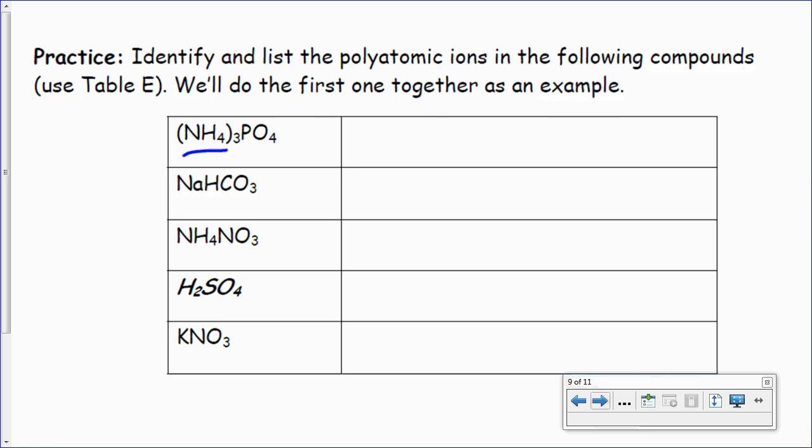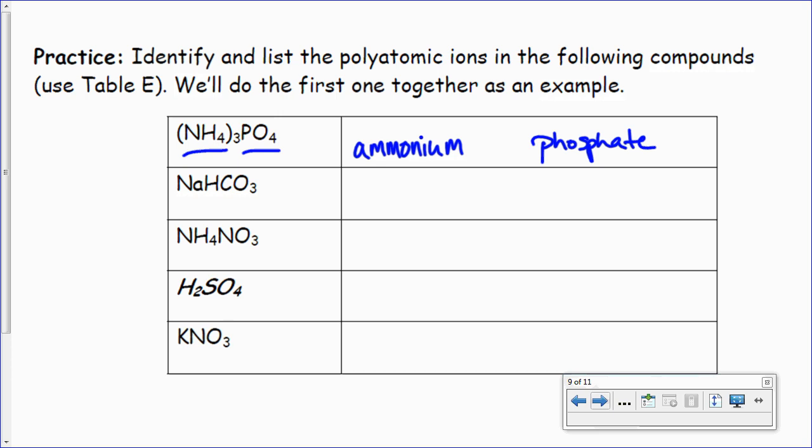And then the other one, PO4, oh, there it is right there. So identify and list. We have NH4, which according to my list is ammonium. And then the next one, PO4, is phosphate. And there we have it. You named your first chemical compound from the formula.